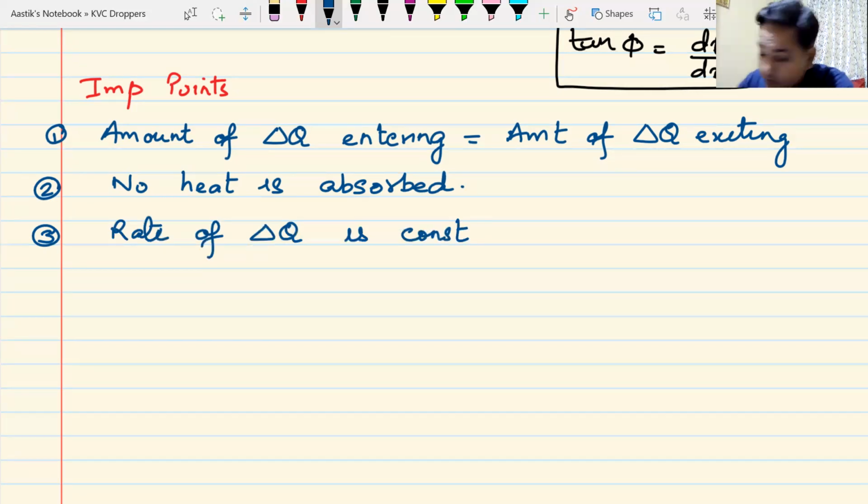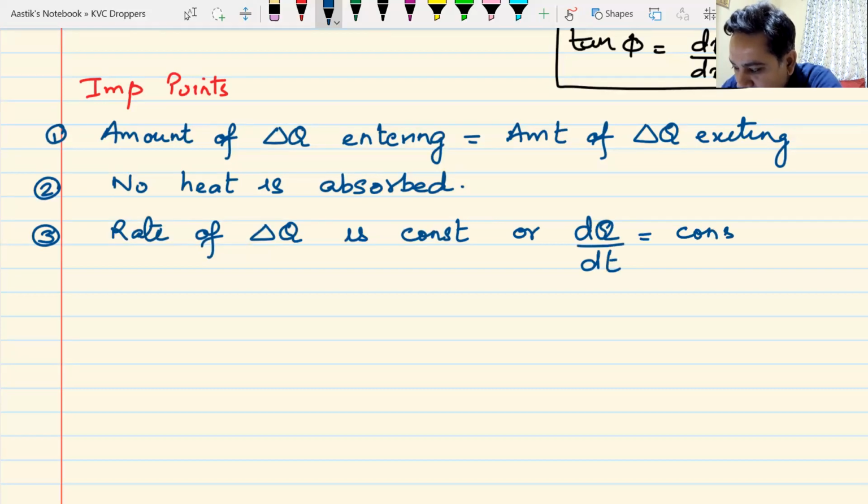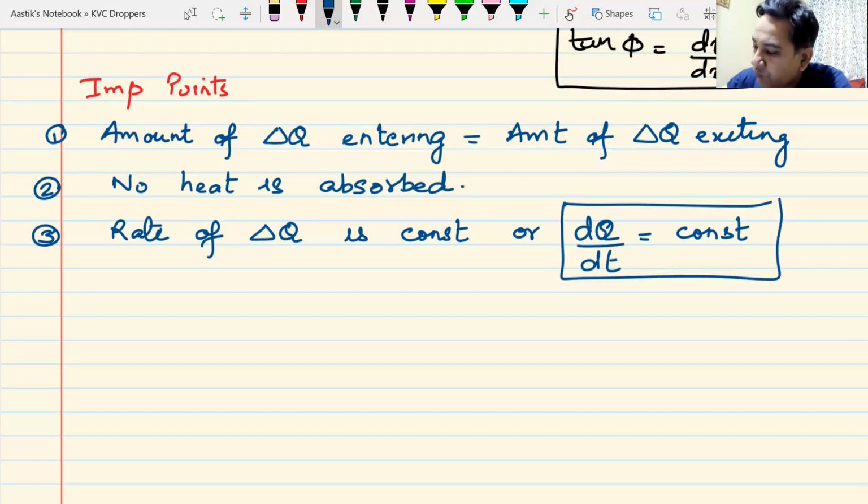Rate of heat is constant, or I can say dq by dt is a constant. Can I have some raised hand that will help me because I can't hear you? The rate at which heat is flowing is constant. That does not change.